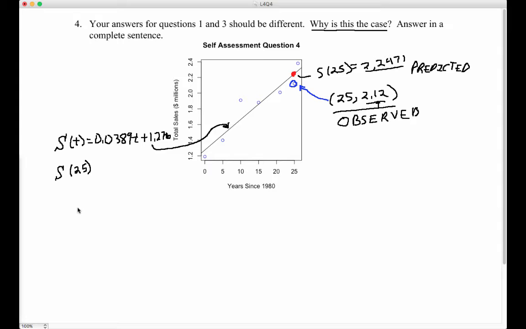So back to trying to write a complete sentence here. Why is this the case, in a complete sentence?